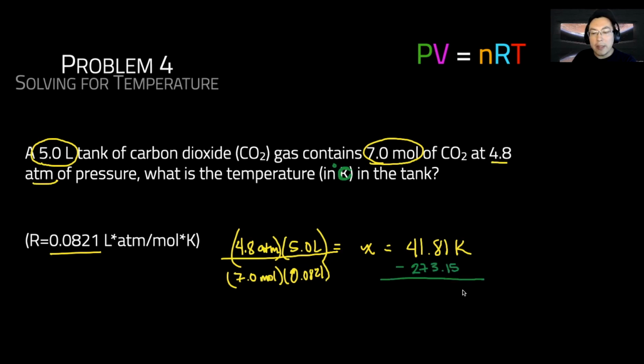So we can get our answer in Celsius, right? Now, again, this step is only necessary if the problem is asking you for Celsius. If it's asking you for Kelvin, then the final answer would be 41.81.